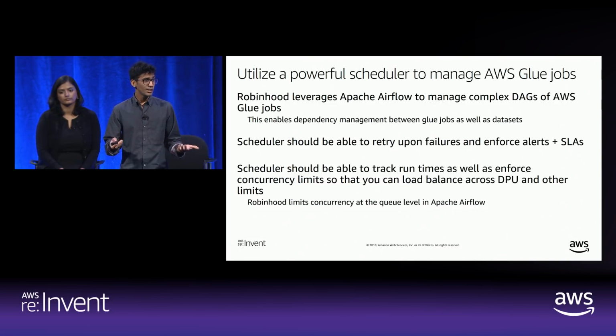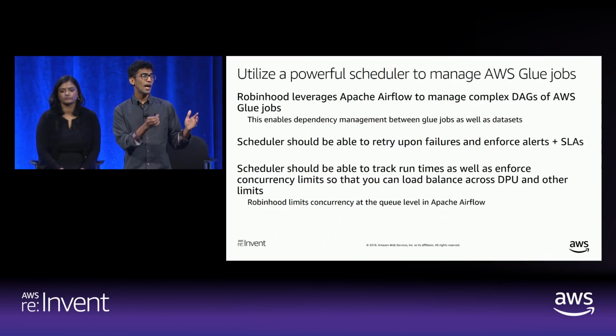Your scheduler should ideally alert you upon failures, enforce SLAs, and have retry logic. One particular feature that is really powerful for us in Airflow that I definitely recommend is the ability to set concurrency limits. On your AWS account, you might have a certain number of DPUs that you hope to be using at any point in time. Airflow allows you to set separate queues for the different data jobs you need.